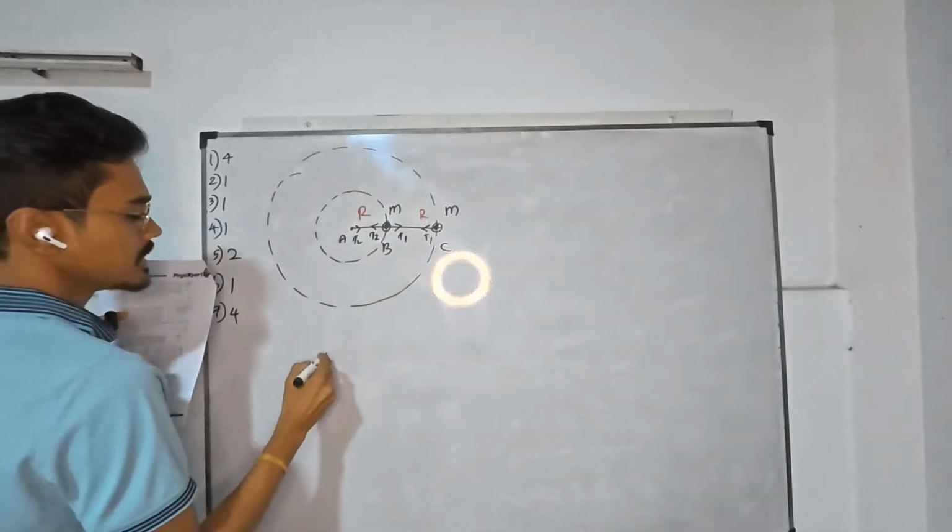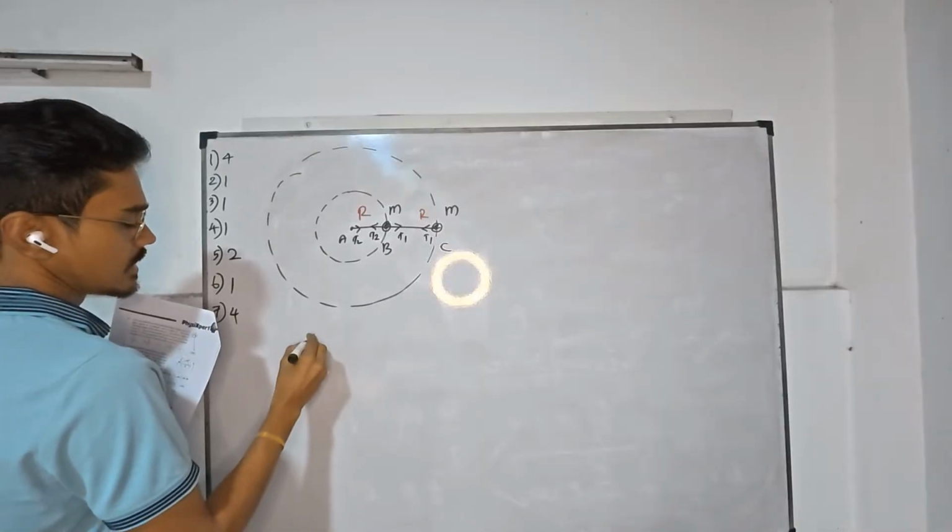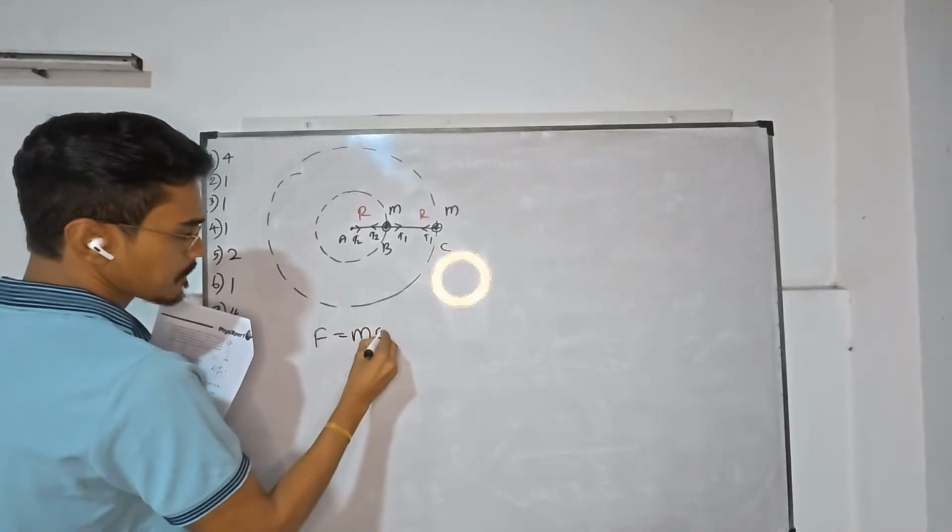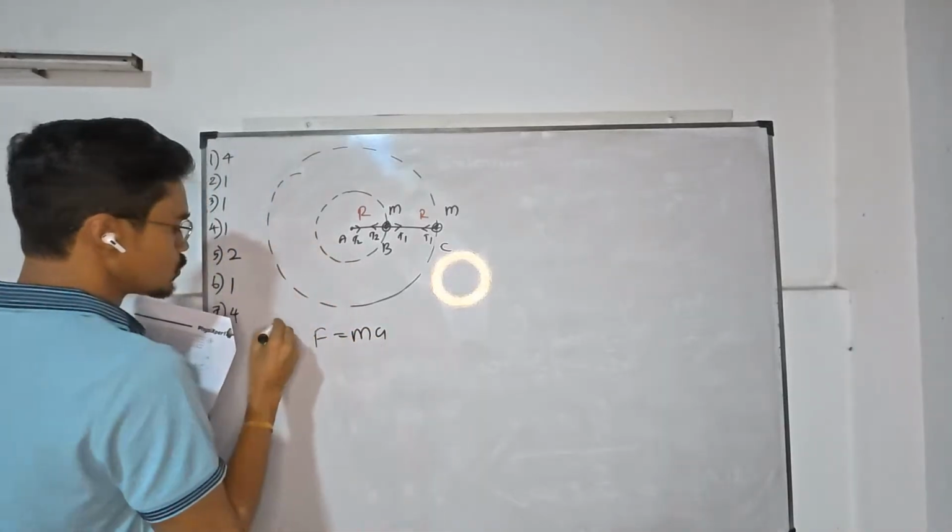Now for the first M, look here. F equals MA towards center.